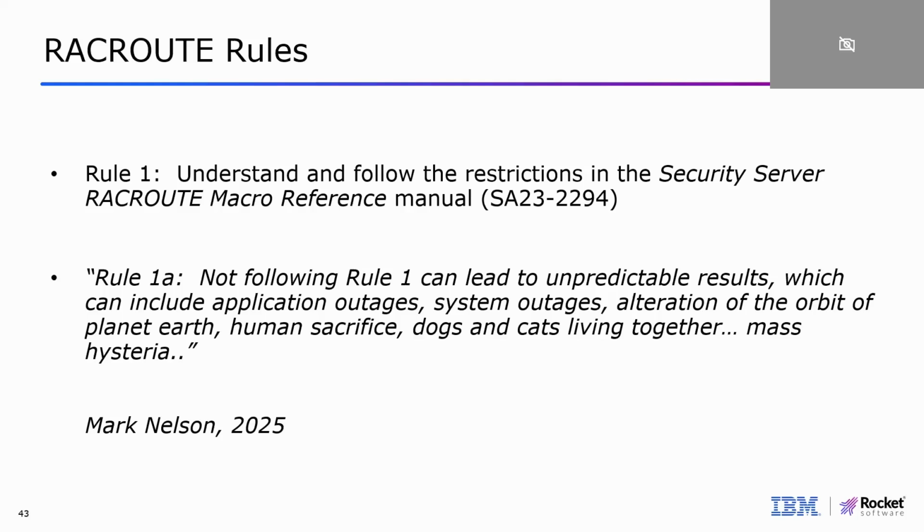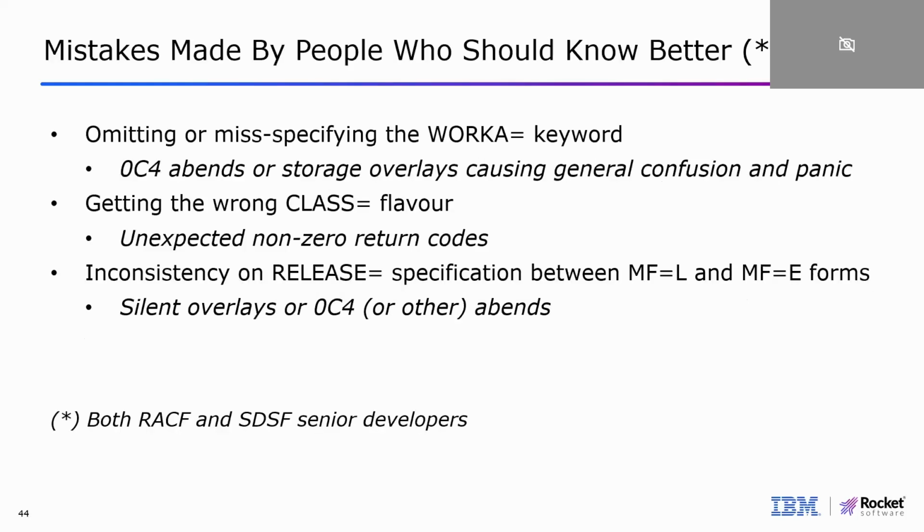So RACROUTE can be complicated. Have a look at the manual. It really, really helps. Mistakes made by people who should know better, and this includes myself and Ken Jonas, who are SDSF developers, and it includes Mark Nelson and Bruce Wells from the RACROUTE team as well, we've all made these mistakes, okay?